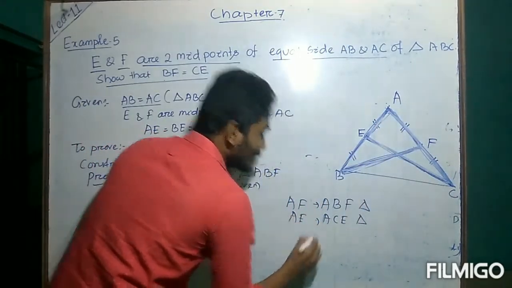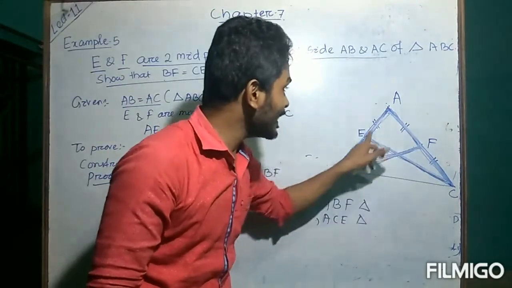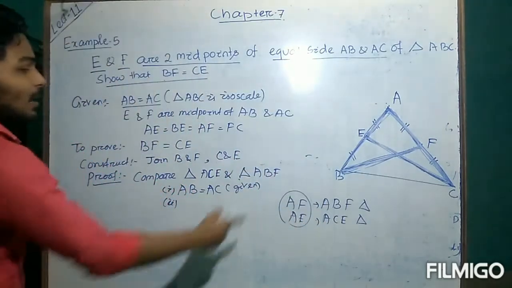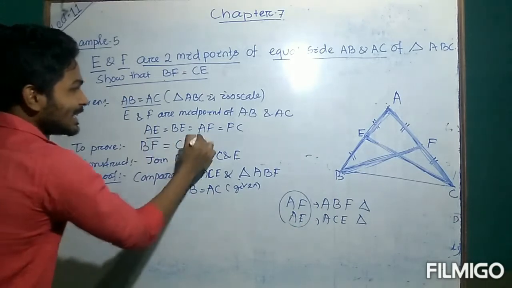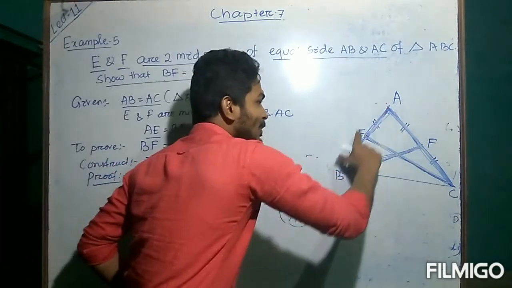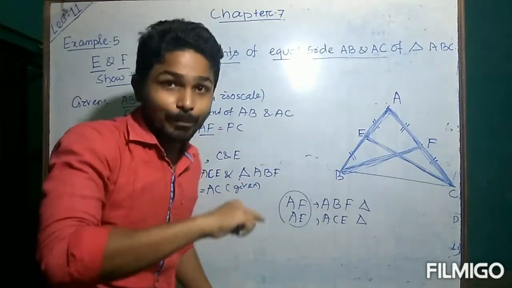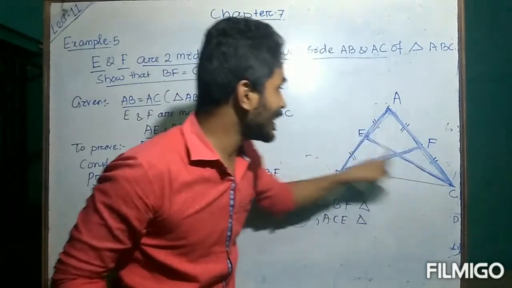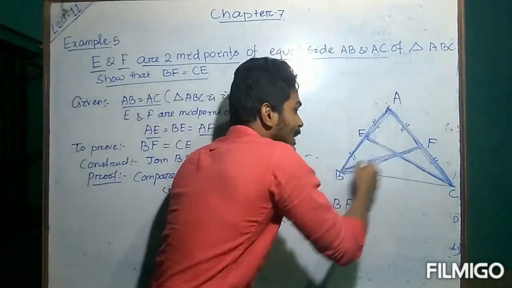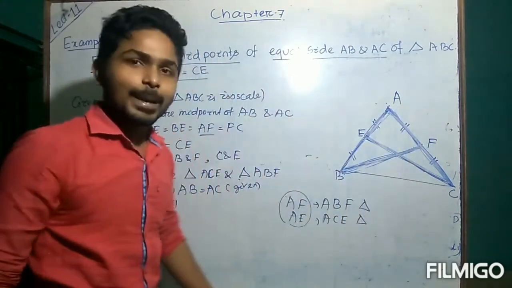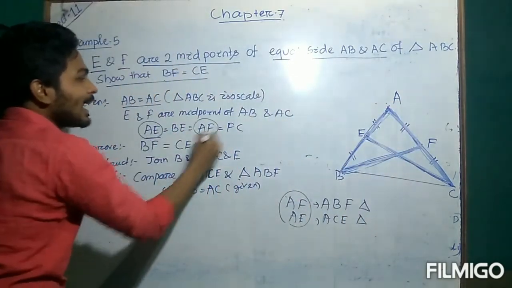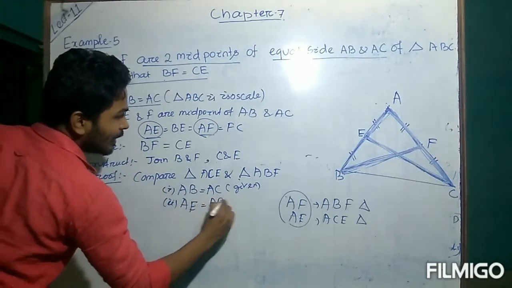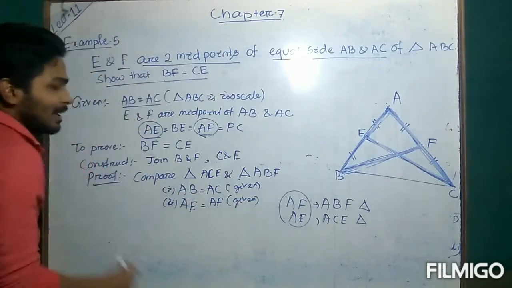We have previously proved that AE is equal to AF, because this is equal to this is equal to this. So this side of the triangle ACE is equal to this side of the triangle ABF. So we can write that AE is equal to AF. Why? Because it is also given.